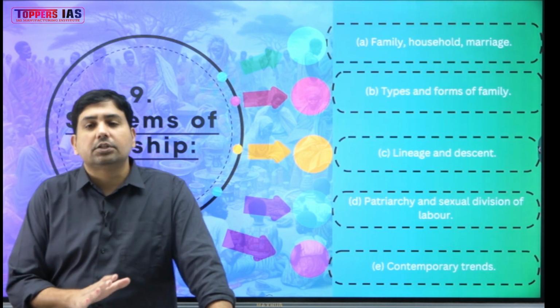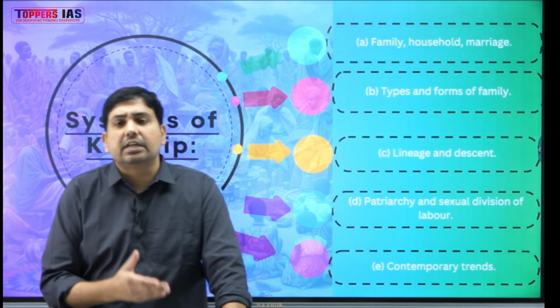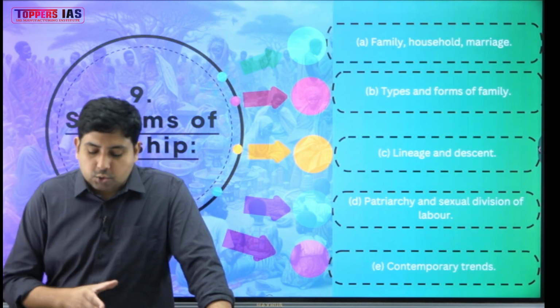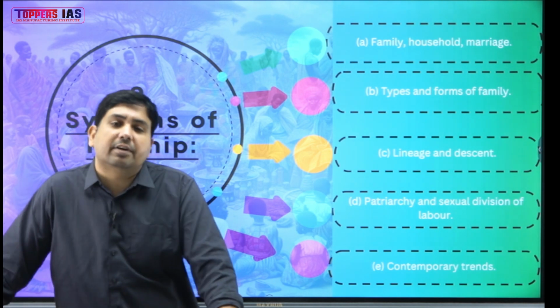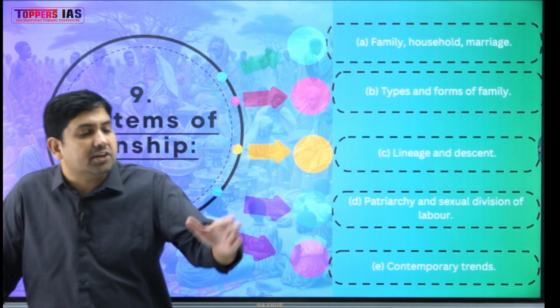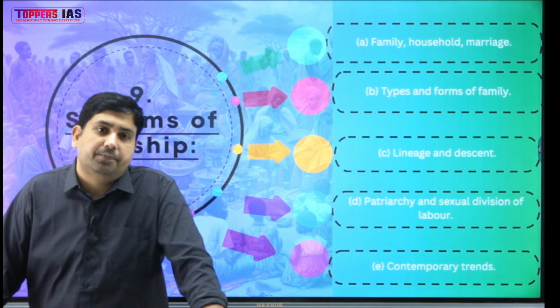In this you will study family, various types of family, marriage, kinship, lineage, descent, household, patriarchy, and sexual division of labor. Not only that, we also look into contemporary changes happening in such things.